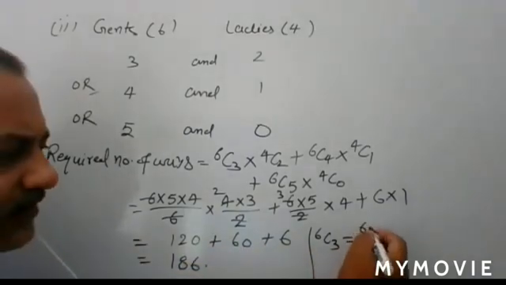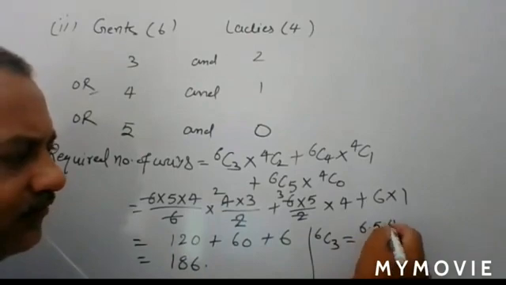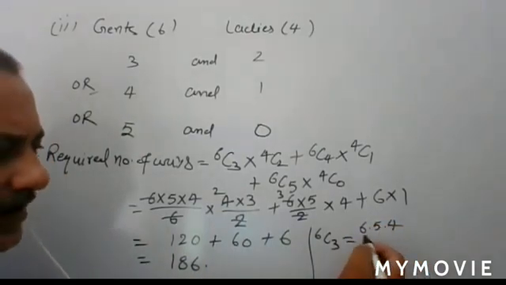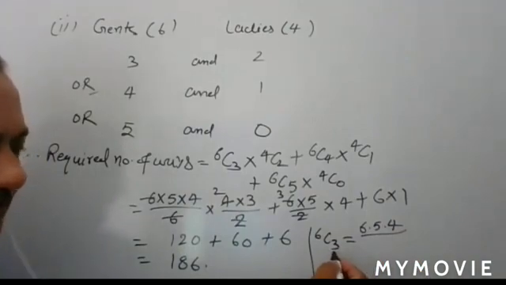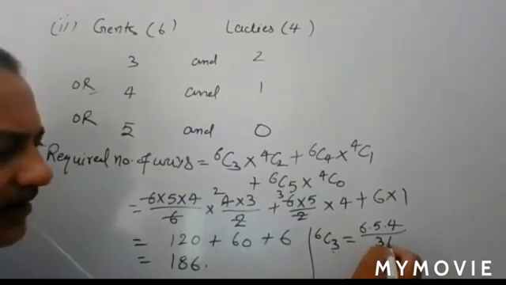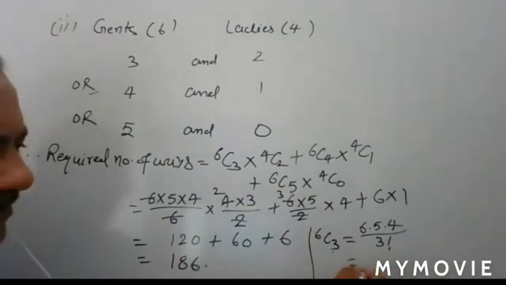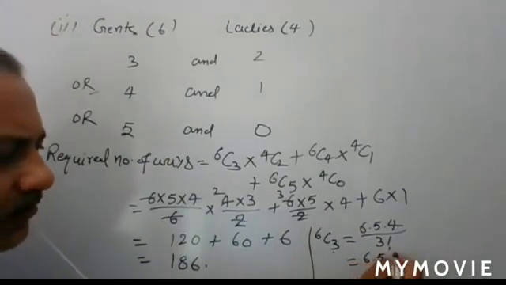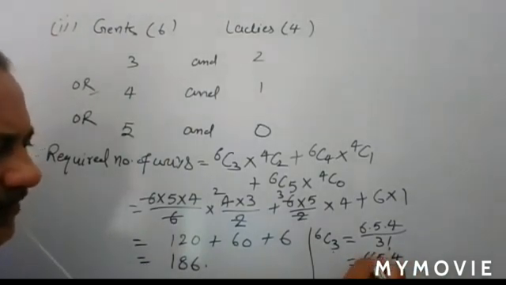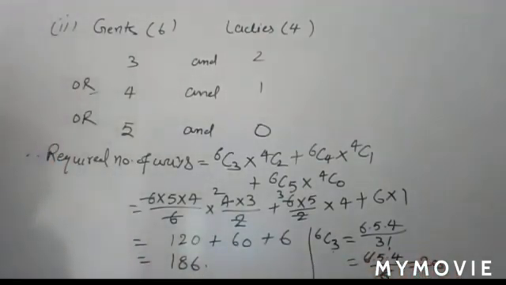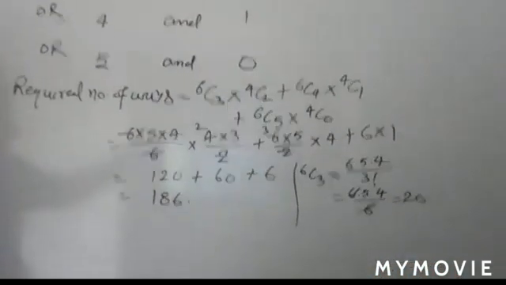So 6 into 5 into 4. Here you have 3 factors, and divided by the factorial. Here you have 3, so divided by 3 factorial. And the value of factorial 3 is equal to 6. So here you have 6 into 5 into 4 divided by 6. So 6 and 6 cancel out. So you have 5 4s are 20. You have 20. Okay, noted.